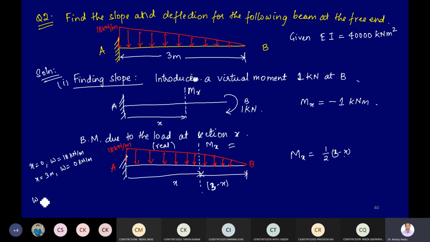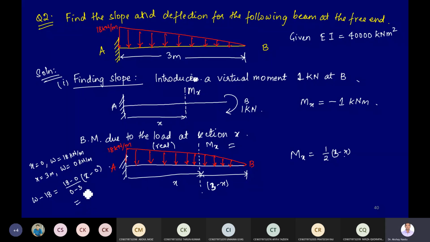So we get W minus 18 is equal to the slope, (0 minus 18) by (3 minus 0), times (X minus 0).